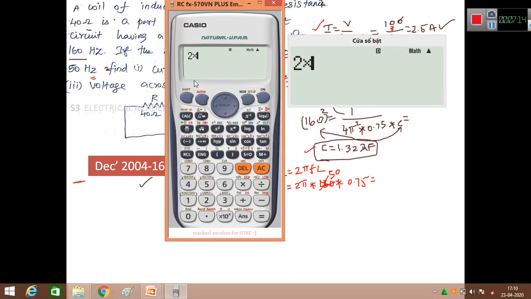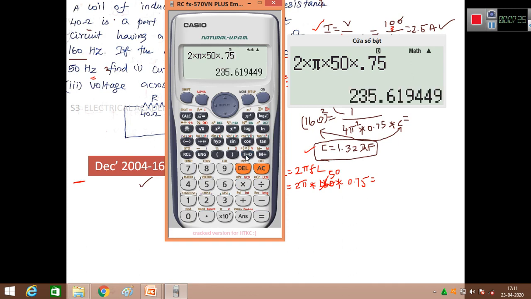2 into pi into 50 into 0.75 should be equal to 75 pi, almost 235.6 ohm.